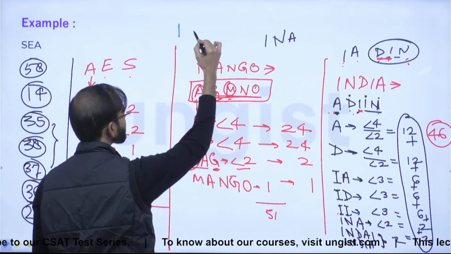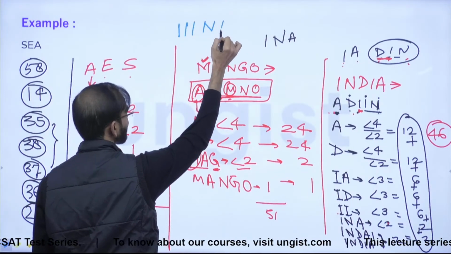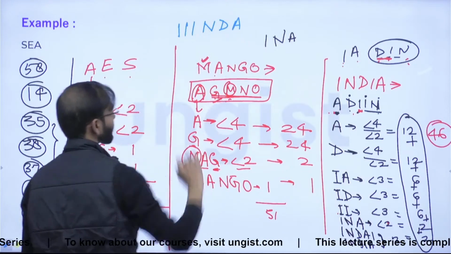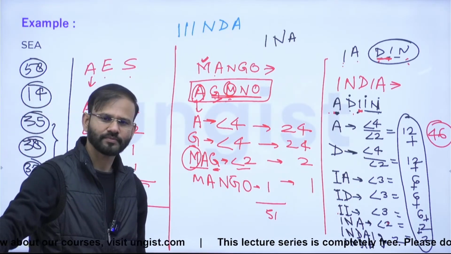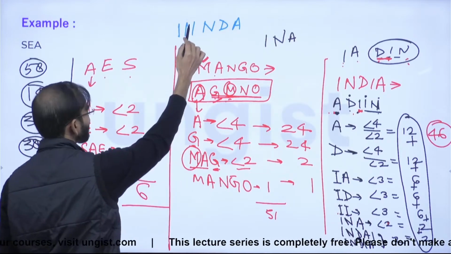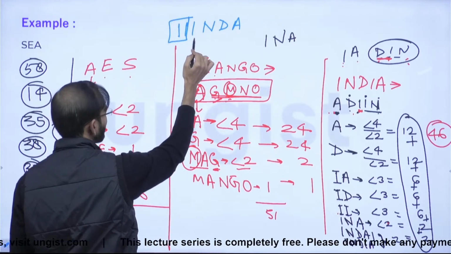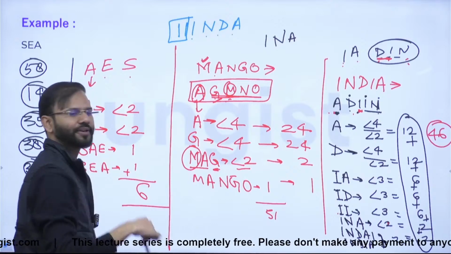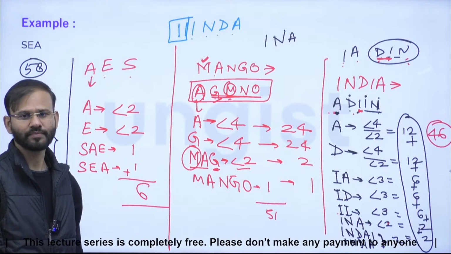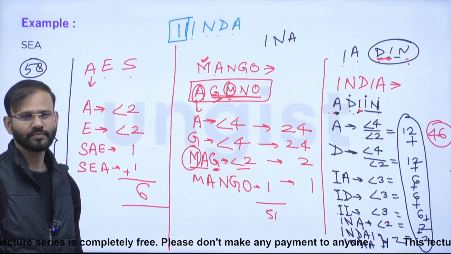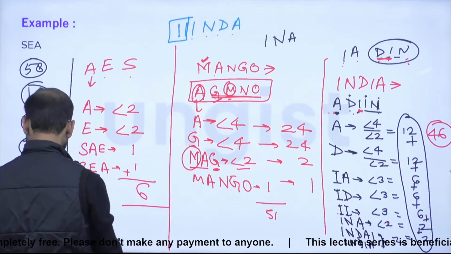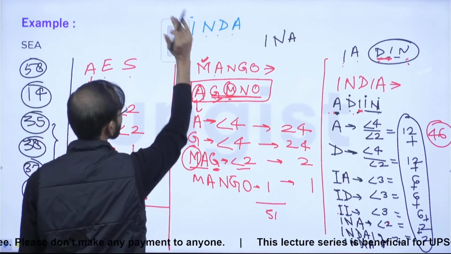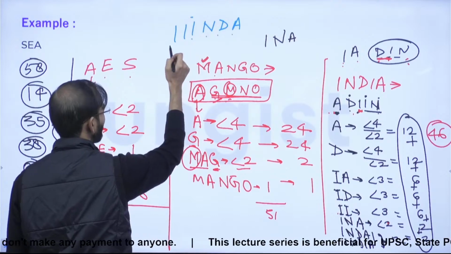If we have three I's, let's say the word is like this. So when we take two I's, see, if two I's are fixed, suppose that, then 1, 2, 3, 4. So 4 factorial. And if only one is fixed, it will be divided by 2. If only one is fixed, suppose that this is I, right? One is fixed.